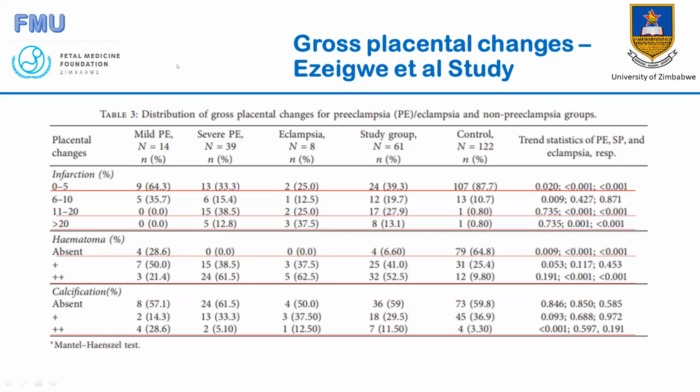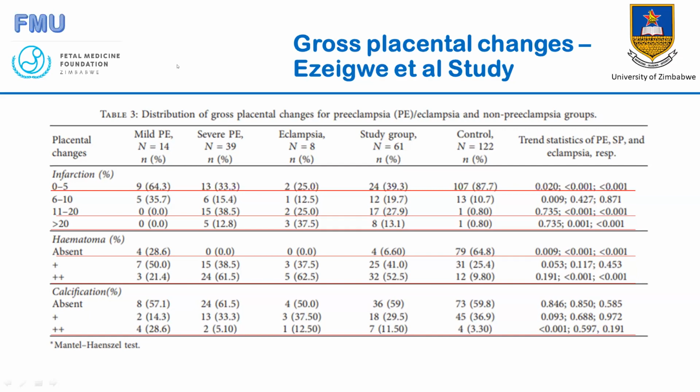I hope you're seeing the screen, which is showing us the results of the Zanga et al. study conducted in Nigeria. Where I said they had 61 cases, as well as 122 controls. And the 61 cases were 53 women which had preeclampsia, and 8 which had eclampsia.